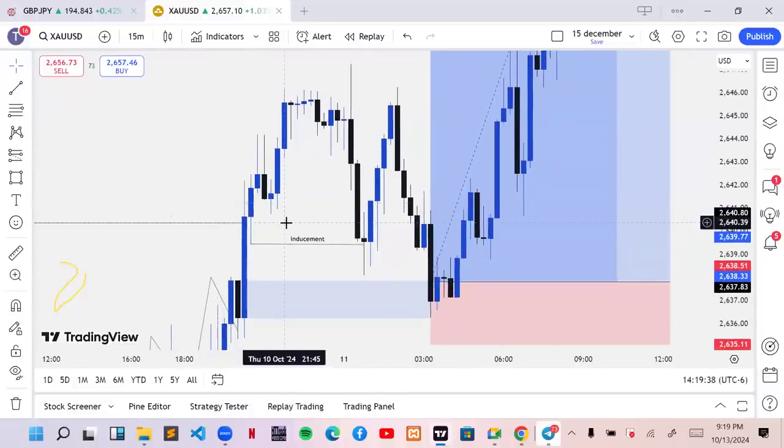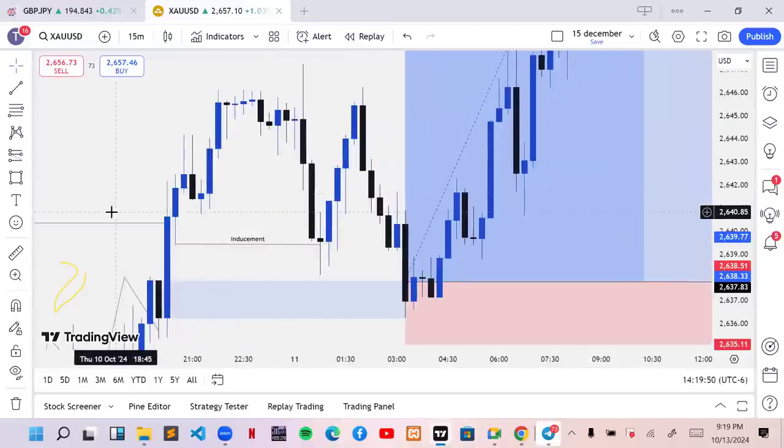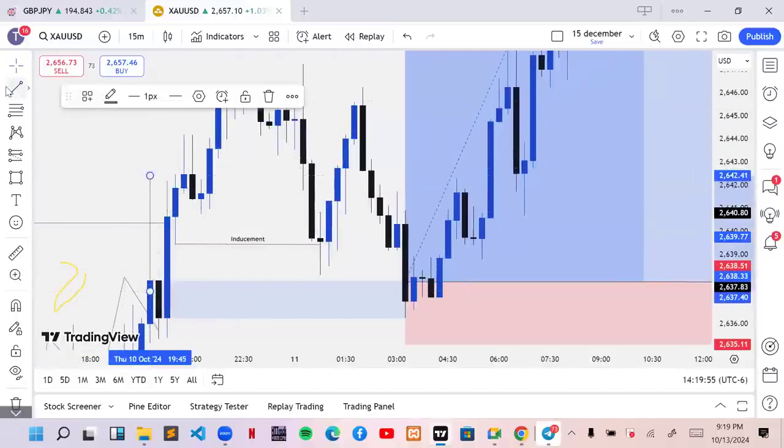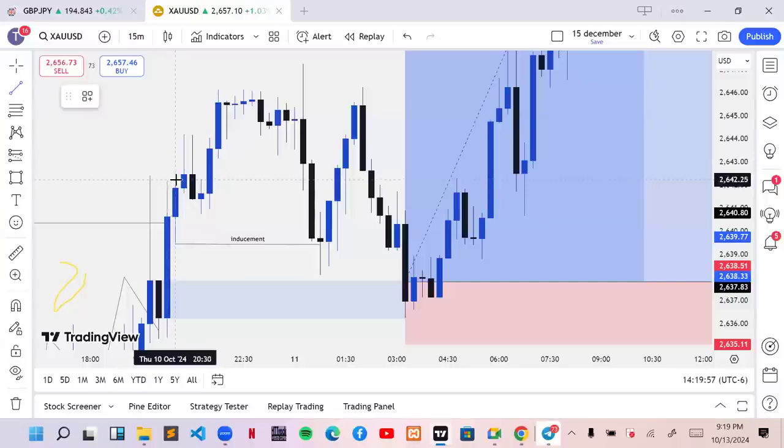What I mean is, once market breaks out or there's a market structure shift, the pullback has to push market up or down above 50% of the last move. That is what I said. So pay attention. This was the break of structure. Here is the last move. This is where the week stopped.